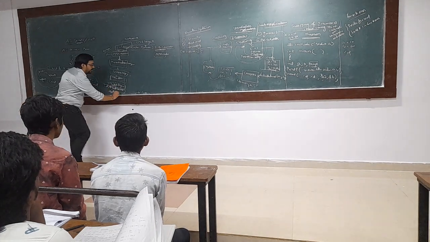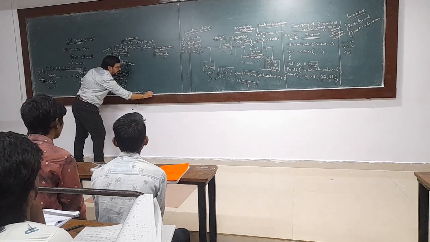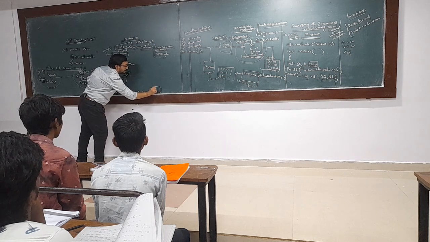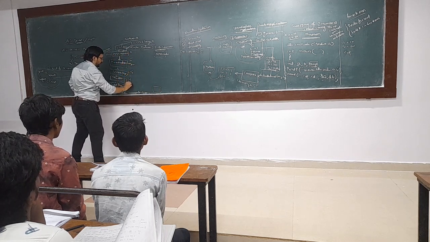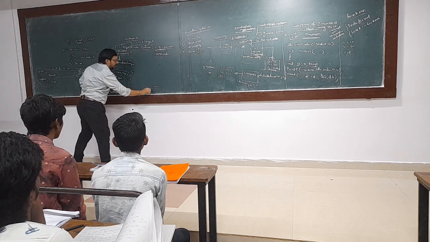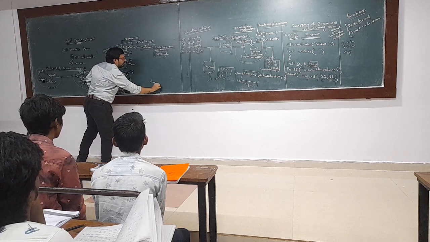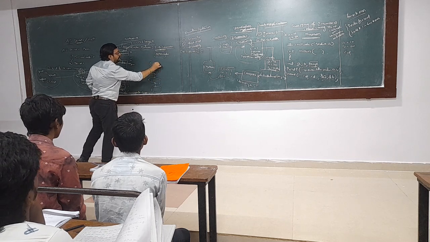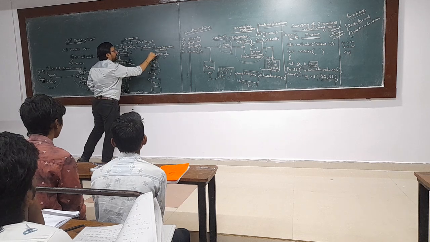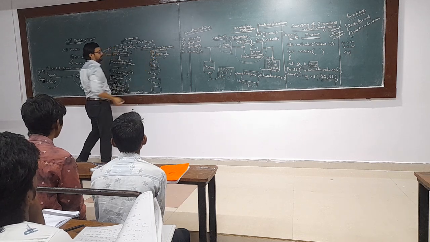From the sender to the receiver side, again the same follows: 7, 6, 5, 4, 3, 2, 1, and again 1 reverse: 2, 3, 4, 5, 6 and 7.